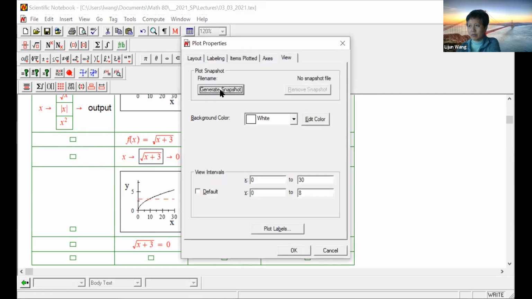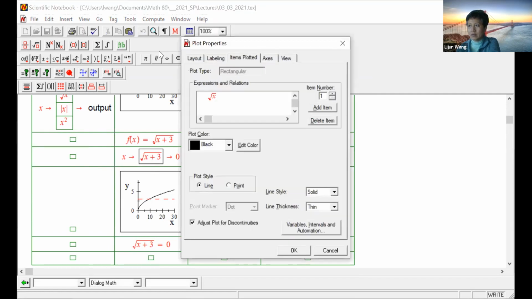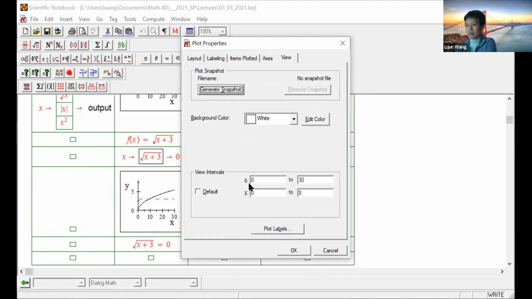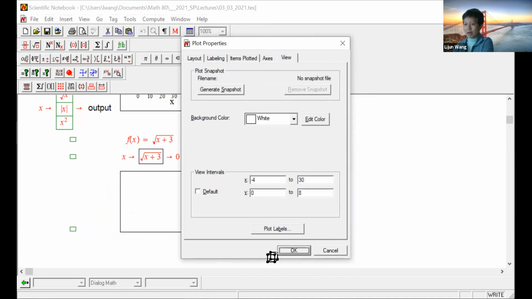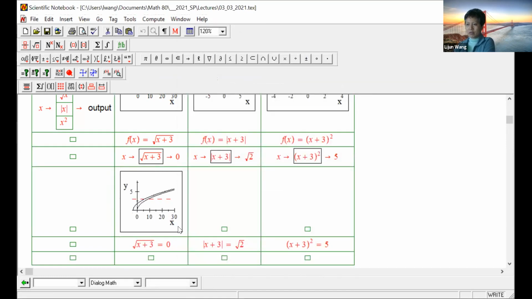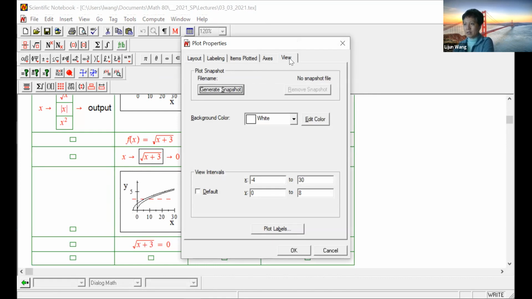There's a new graph. It's the square root of x plus 3. And what happened there? The graph is shifted. Okay, so I'm going to give you a better view.